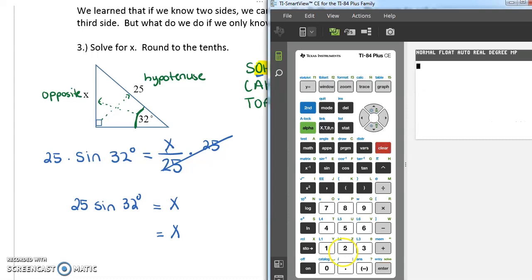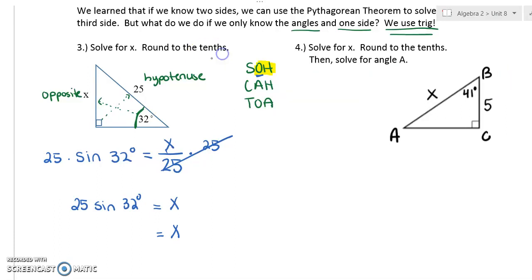Clear your home screen. We have 25 times sine of 32 degrees. Close it up, and our answer is 13.2 because it wanted it to the tenths. So 13.2 is our length for that opposite side.